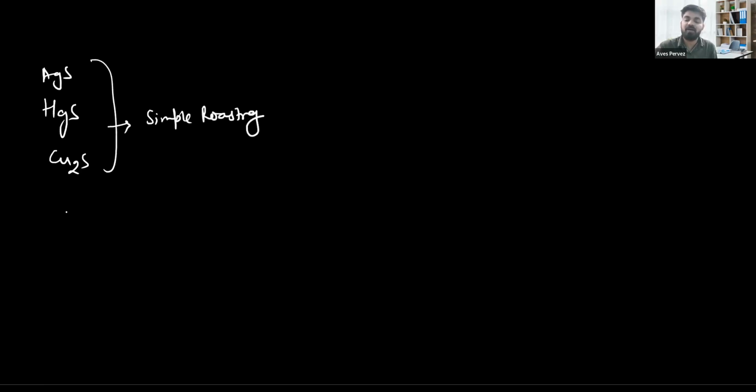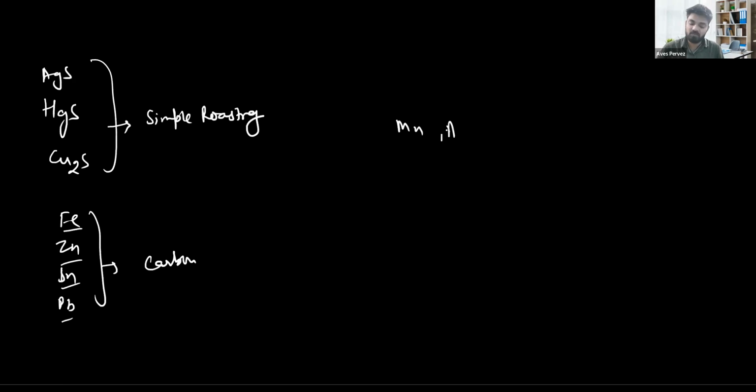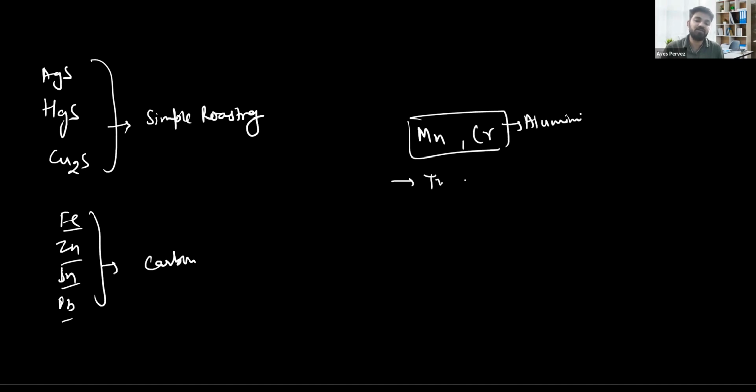And if we have iron, zinc, tin, lead, their oxides can be reduced with the help of carbon. And if we have manganese and chromium, then these can be reduced with the help of aluminium. We have learned about the thermite reaction, and that is used for joining railway tracks.